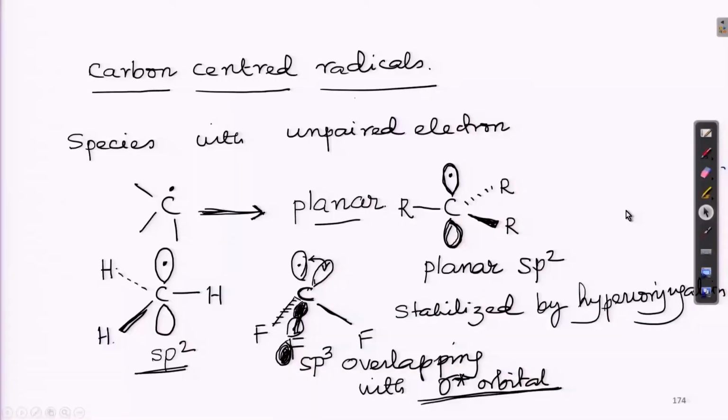Now, radical chemistry for the benefit of organic synthesis started quite late, in the 1970s.